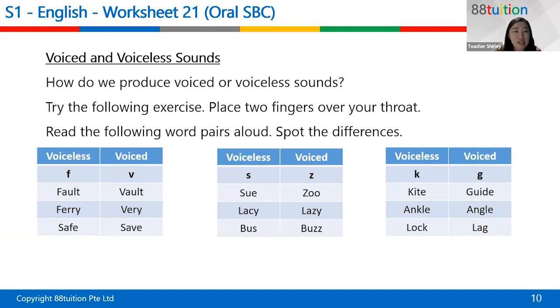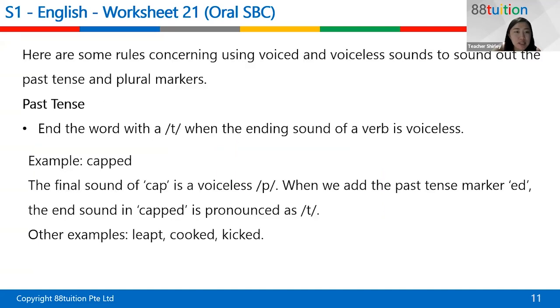I've given you examples for this. Now we're going to move on to voiced or voiceless. End the word with a T when the ending sound of the verb is voiceless. For example, you can end with P also, like cap.